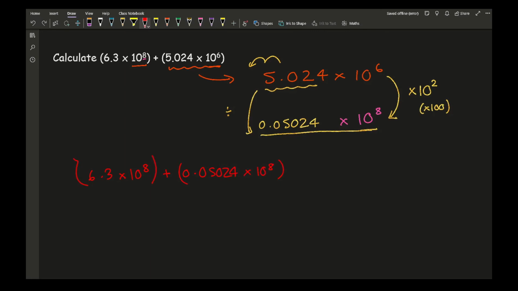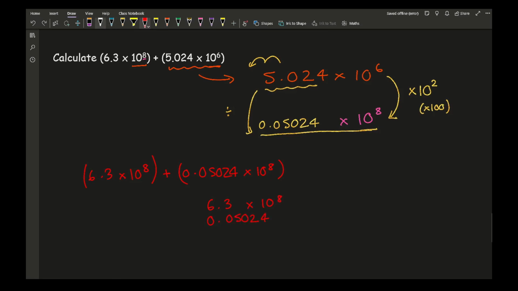then you might be thinking, hang on a second, how is this a different and potentially easier method? Well, the reason for it is because I can have 6.3 times 10 to the power of 8, and I can have 0.05024.